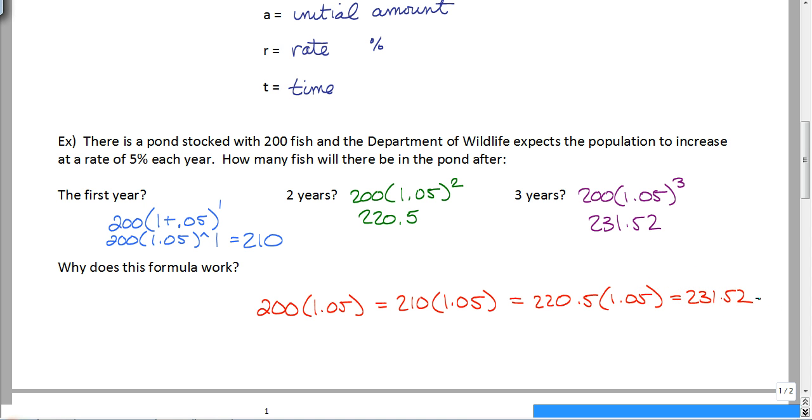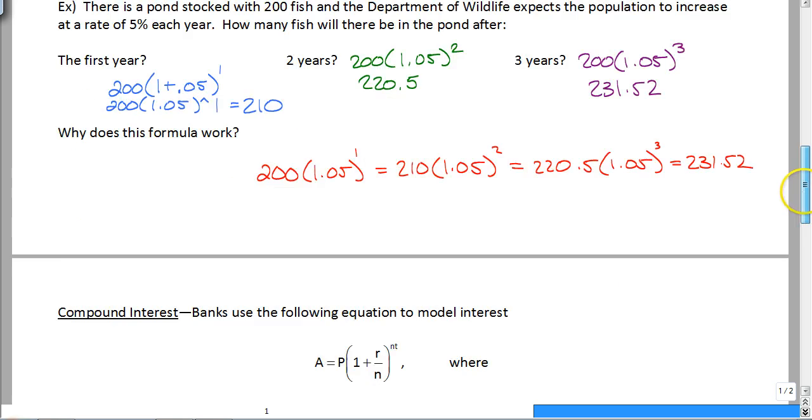It doesn't just add 10 fish every year. It takes 5% of the previous year's amount of fish and adds that to it. So this is why we have 200 to the first power. That's what happens once it's squared. This is what happens once it's cubed.